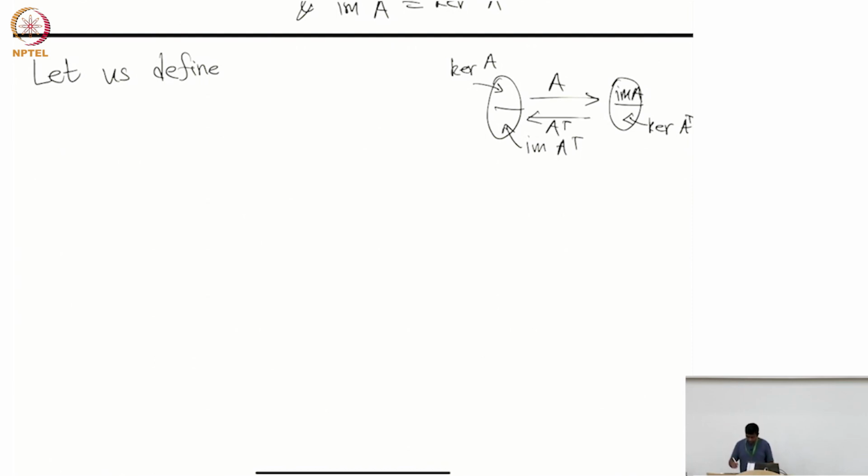But for any x not in the kernel of A, let us define the matrix, call it delta, as A transpose A.